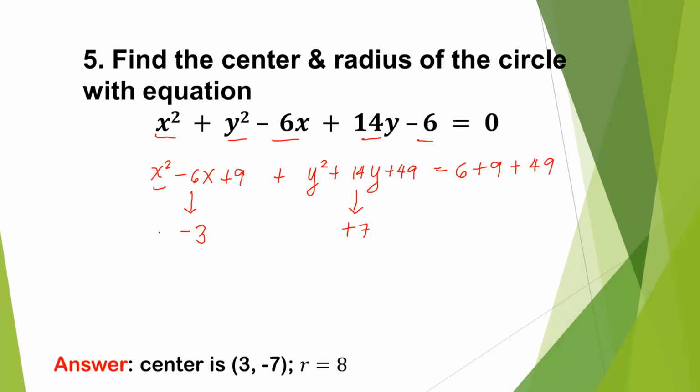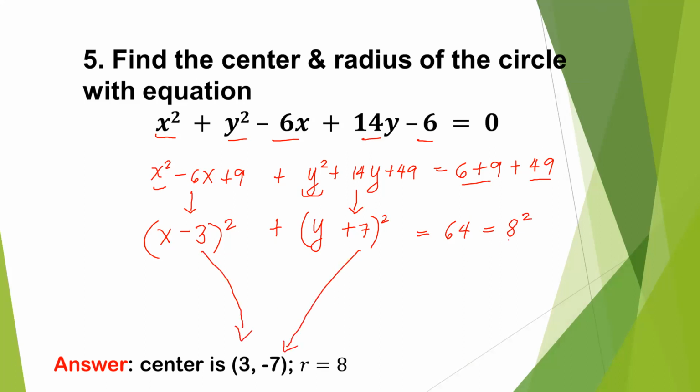So the square root of that is x in our binomial. That's how we do our factoring in this style. The square root of this is y. Tapos square. Okay. This is 15 plus 49, which is 64 or 8 squared. That's why the center is (3, negative 7), and the radius is 8.